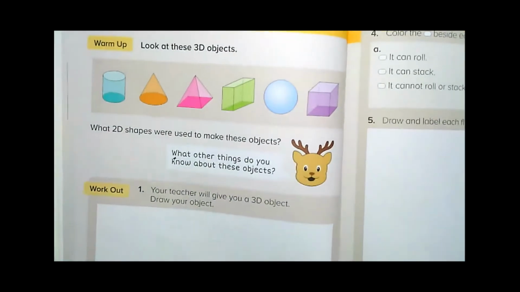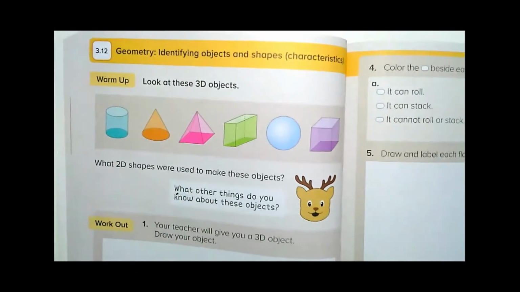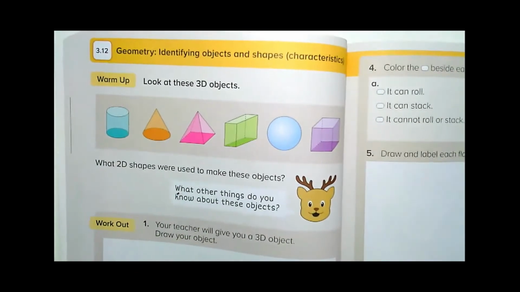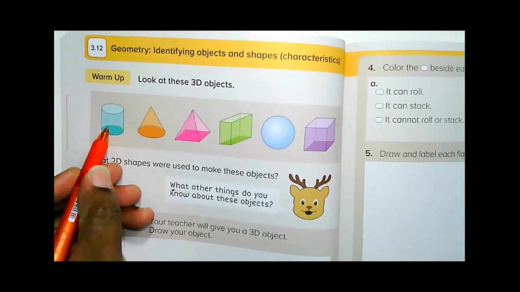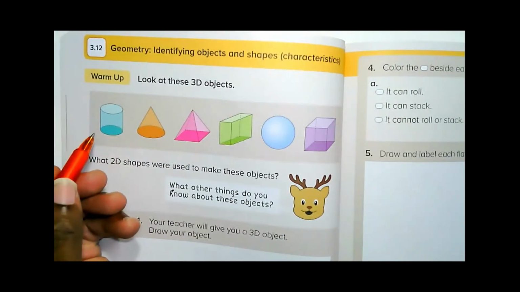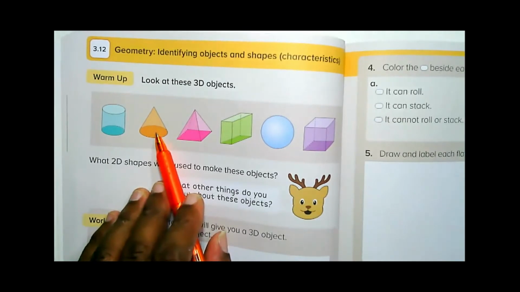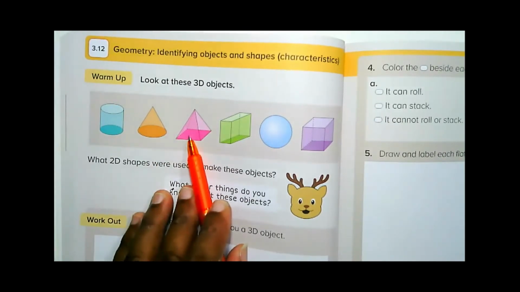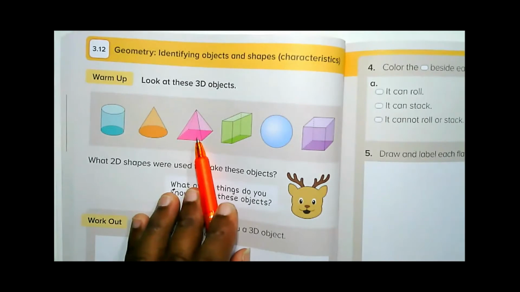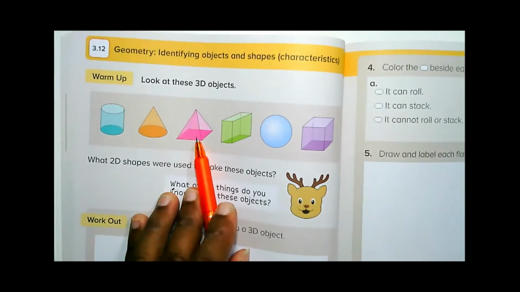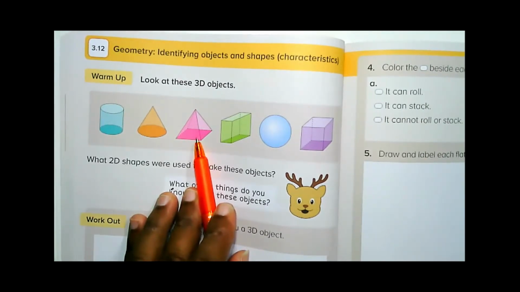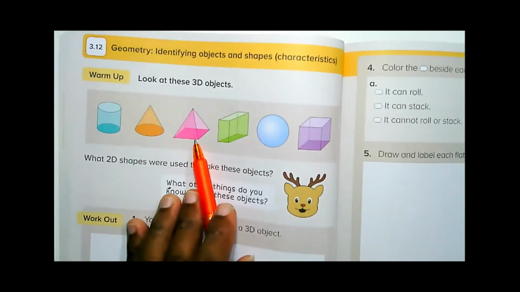Now let's take a look at these objects. This is a cylinder. This is a cone. This is a triangular prism.